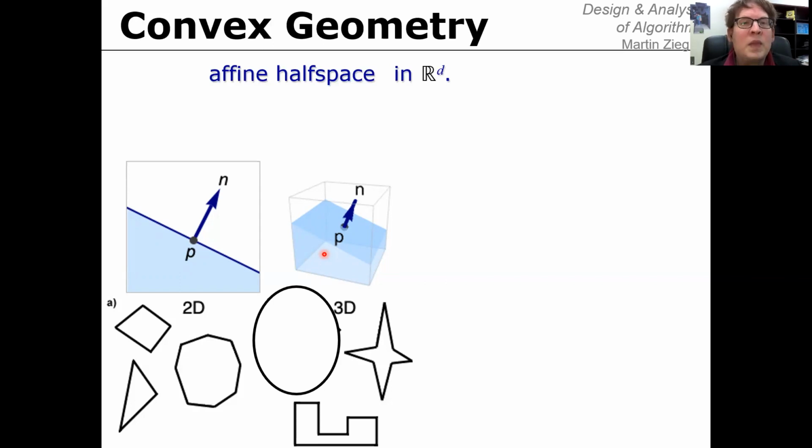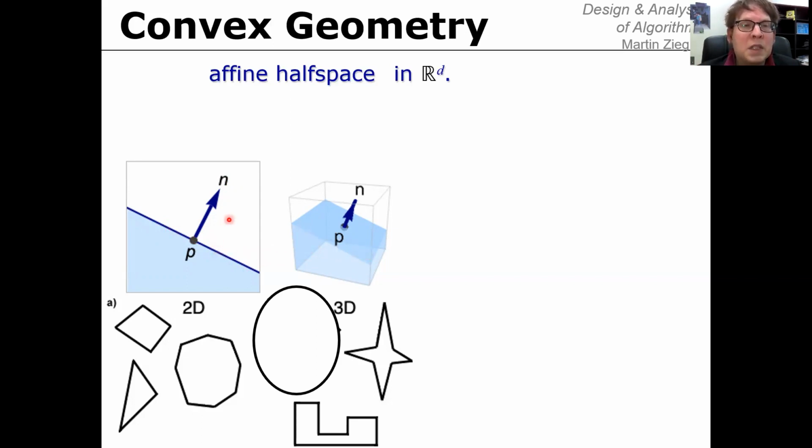And you see also how we can formally describe and parameterize a half space. Namely, there's a normal vector. The boundary is a plane. Here it's a line, and here it's a plane, and in higher dimensions it is a hyperplane.